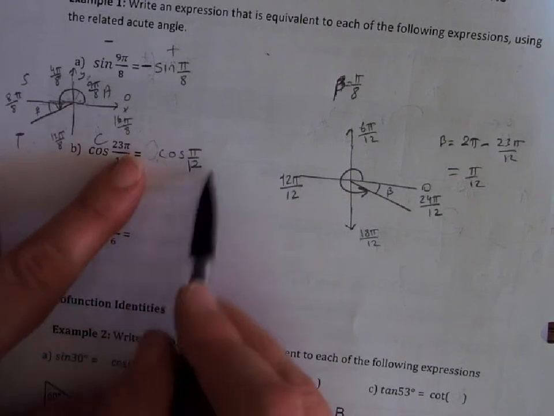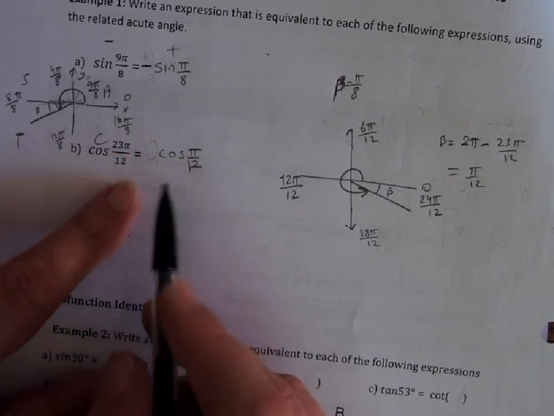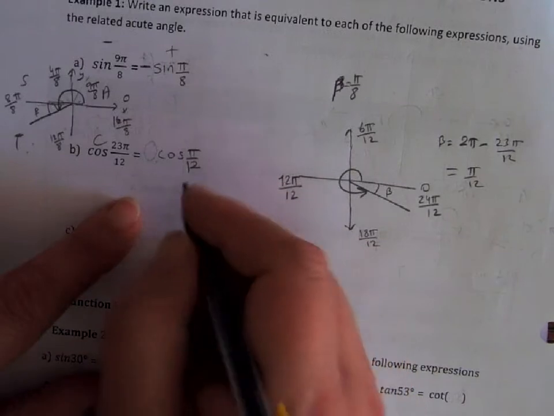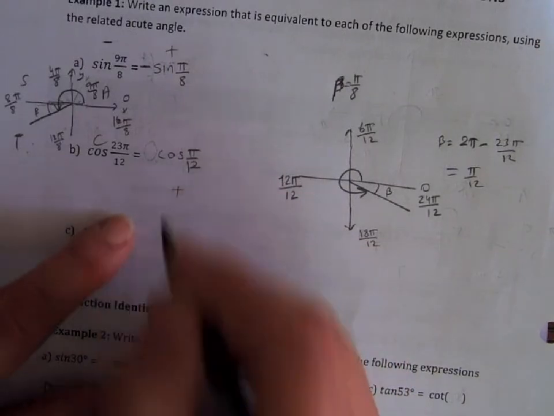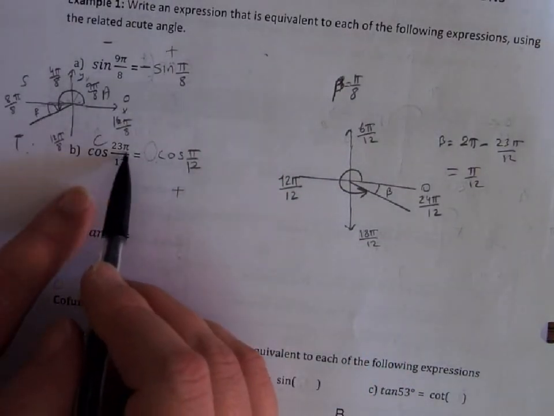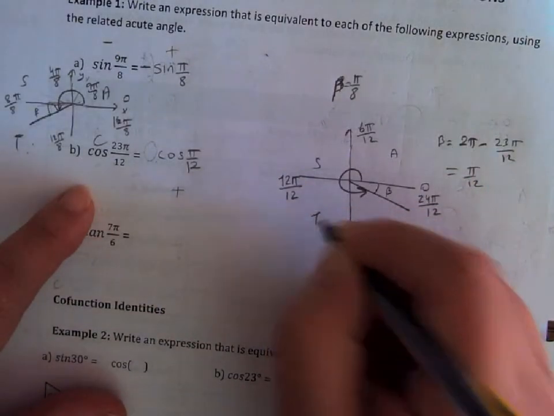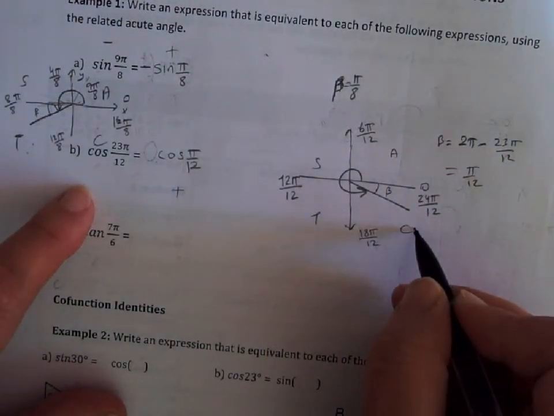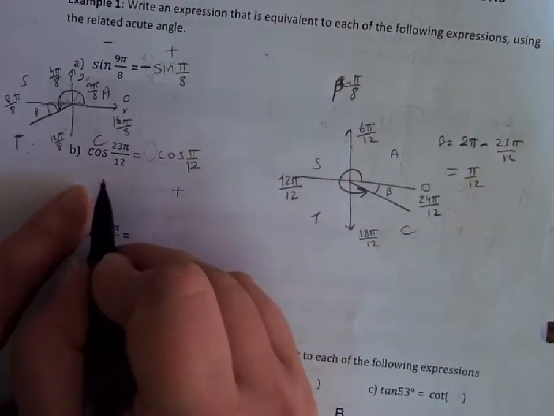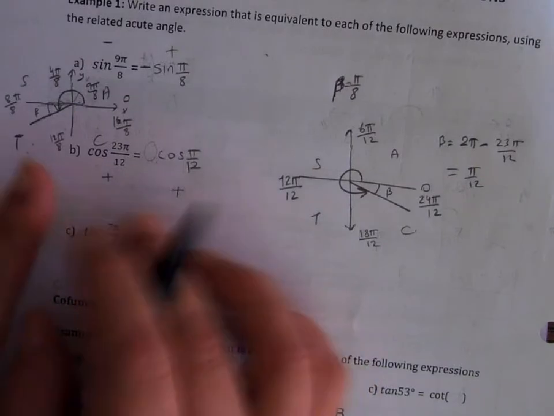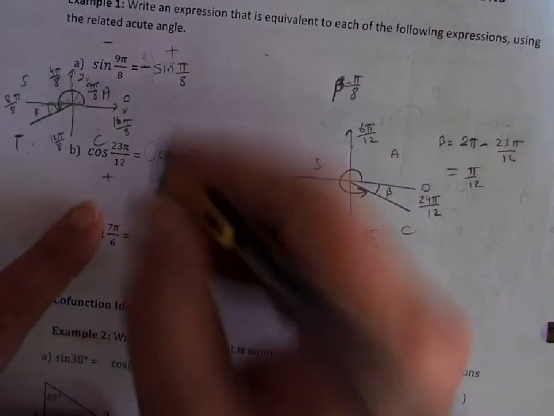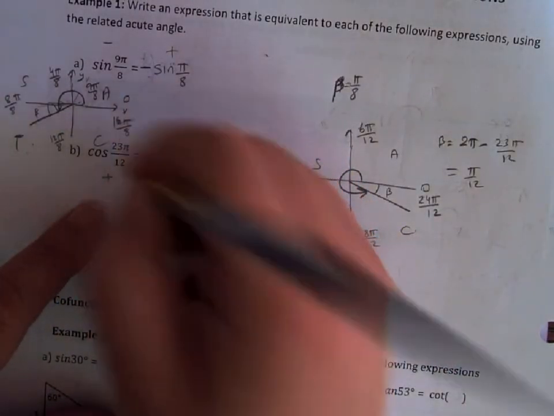Pi over 12 is an acute angle, so cosine of it is going to be positive for sure. Cosine 23 pi over 12, we are in quadrant 4. If you write CAST, you know that cosine is positive in quadrant 4. So this side is also positive. Then they are just equal, nothing to put here.